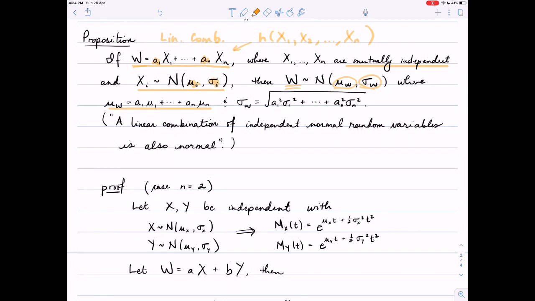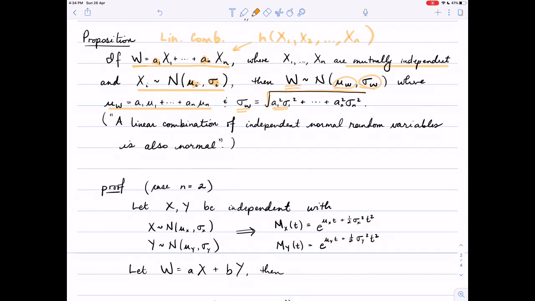So the mean of W is the same linear combination of the means of the component variables. So it is A1 mu1 plus A2 mu2 all the way up to An mu n. And the standard deviation of W is this expression. It is the square root of the squares of the coefficients times the variance, standard deviation squared.